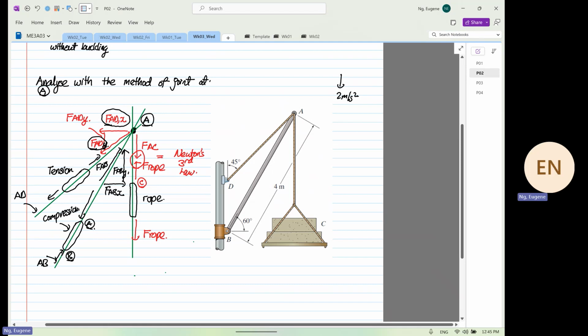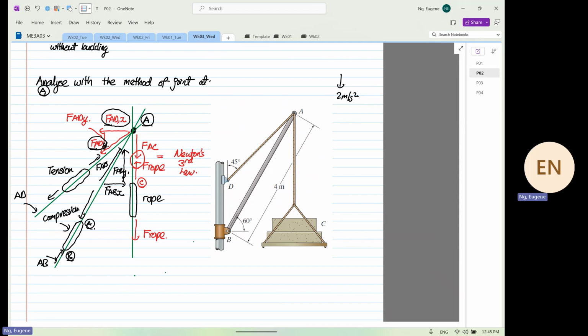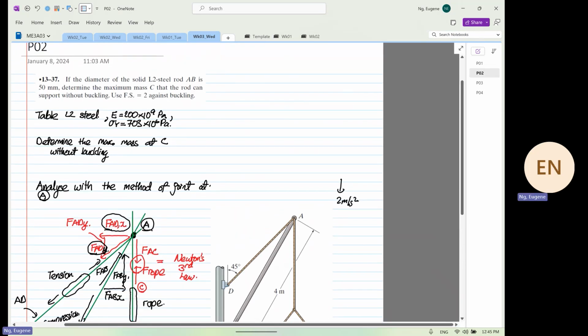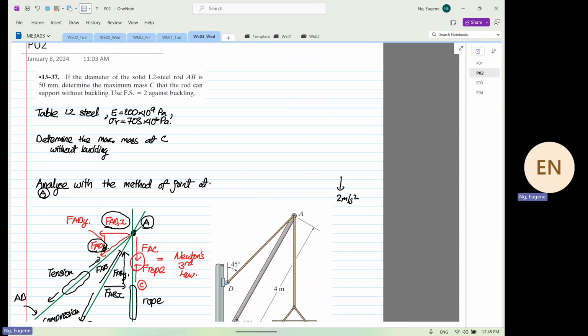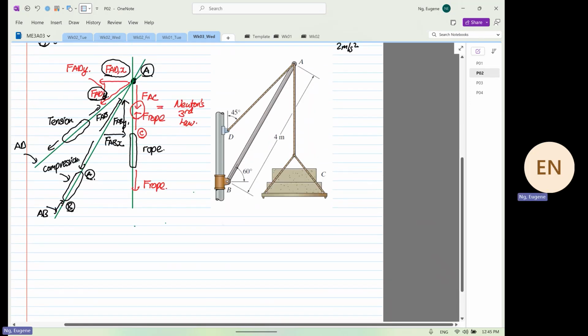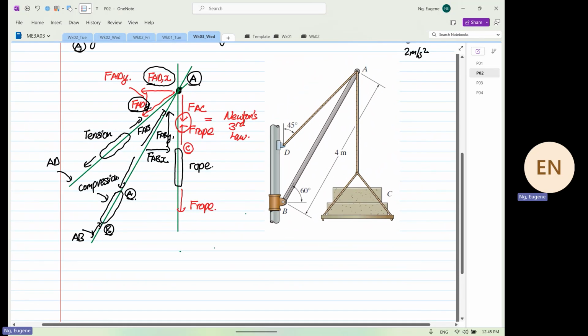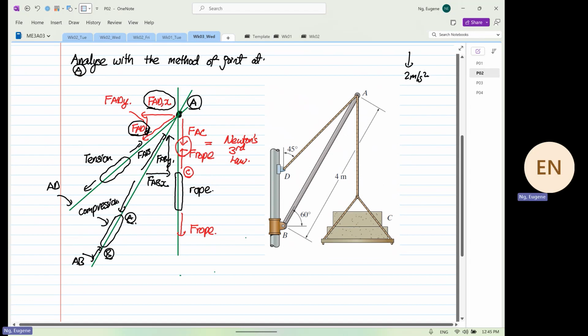Nothing to memorize. All you need to do is apply Newton's third law. Are we clear? Just to quickly recap, we are going to determine the maximum mass at C that the rod can withstand. So we drew our free body diagram, and we did our what? Method of joints analysis at point A.